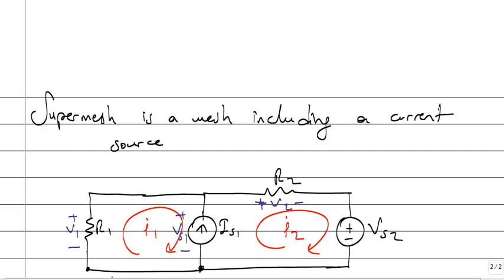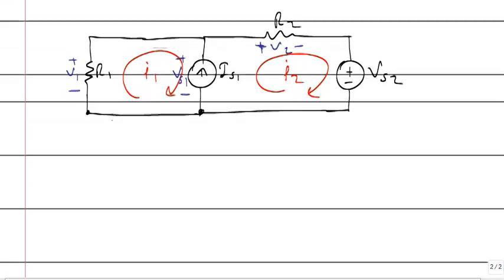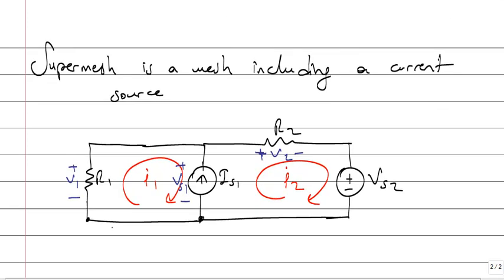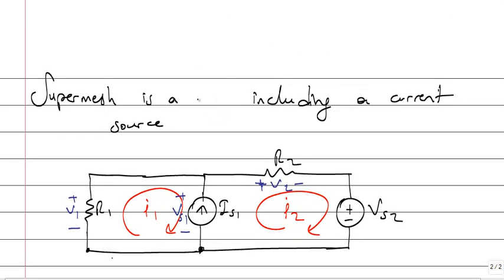Okay, you can define a super mesh. It's a loop actually, not a mesh. You can draw a KVL loop including only one current source. This is actually I1.